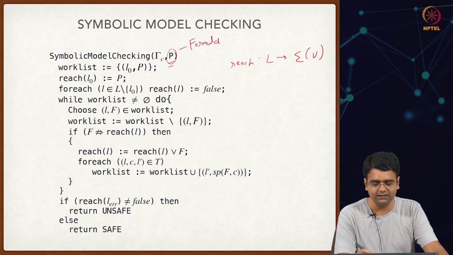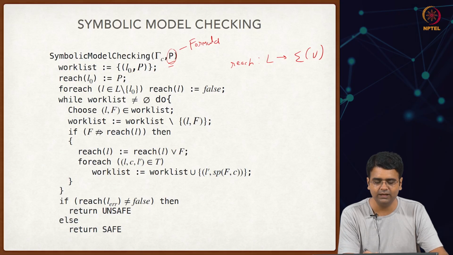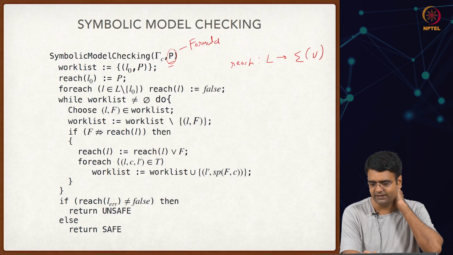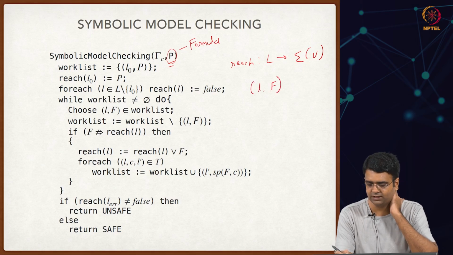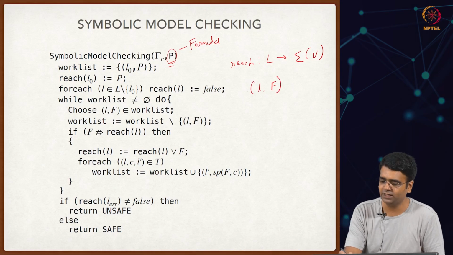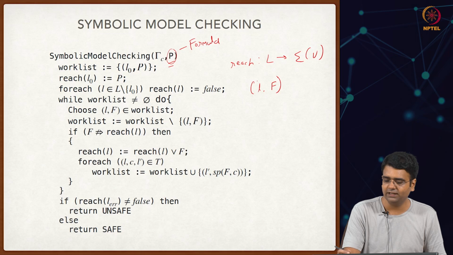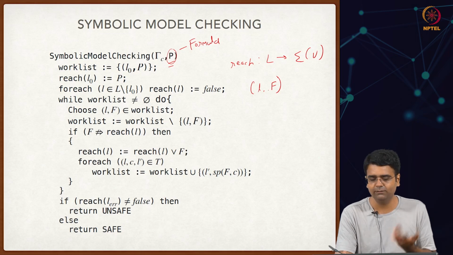So the work list here will be initialized. The work list again is going to maintain a set of pairs, of the form L comma some formula F. So there will be pairs of program locations and formulas, where again the formula has the program variables as free variables.